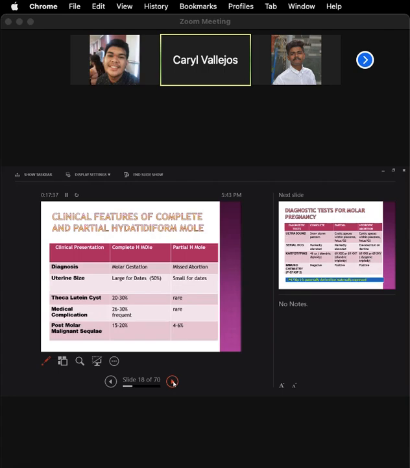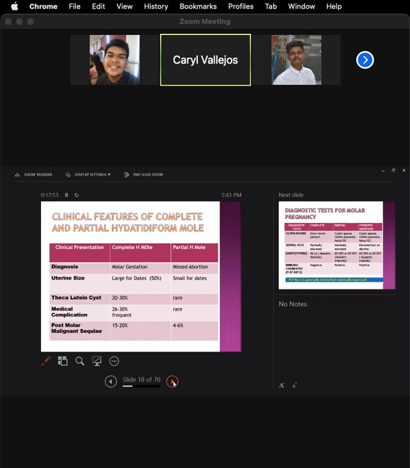For the diagnosis of your complete mole, we call it hydatidiform mole or molar gestation. However, in partial hydatidiform mole, we could also associate it with missed abortion.